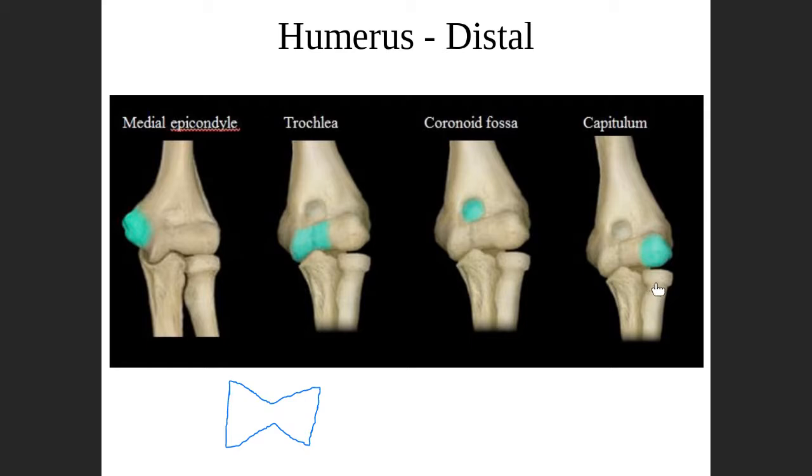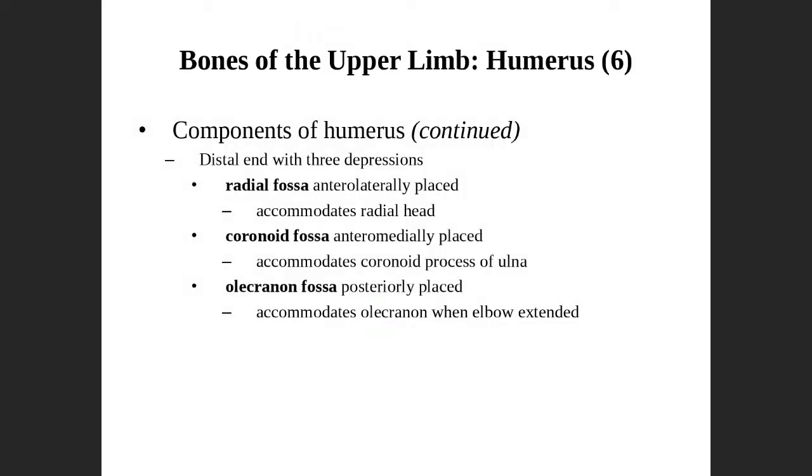And it articulates with the ulna. So those are going to be the condylar structures that are coming off of the end of the distal epiphysis. So on the distal portion, we have a couple of fossas or depressions that are apparent.